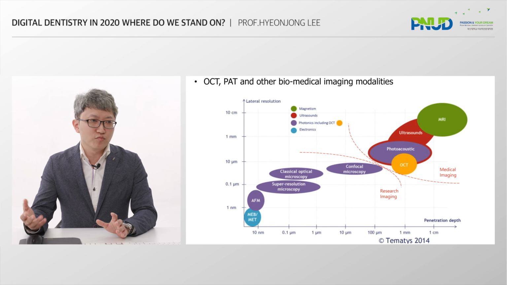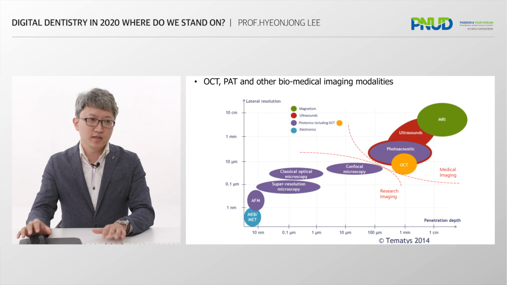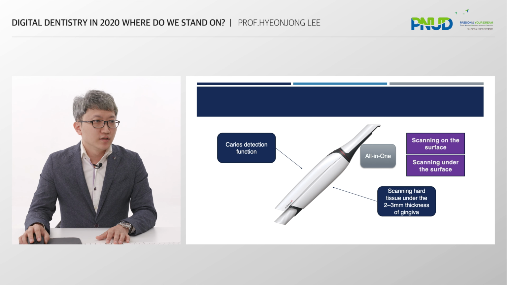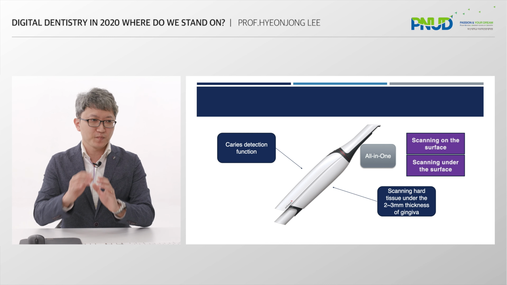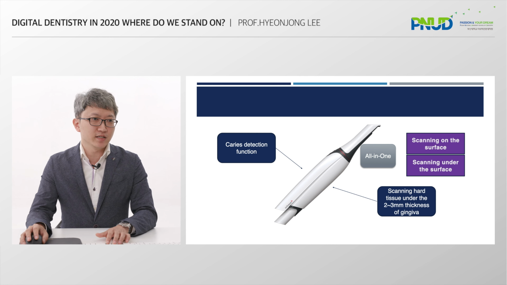We can use more and more other light sources within one intraoral scanner. So this Trios 4 is really all-in-one, with a caries detect function using an infrared light source and also a visible light source to get the surface information.